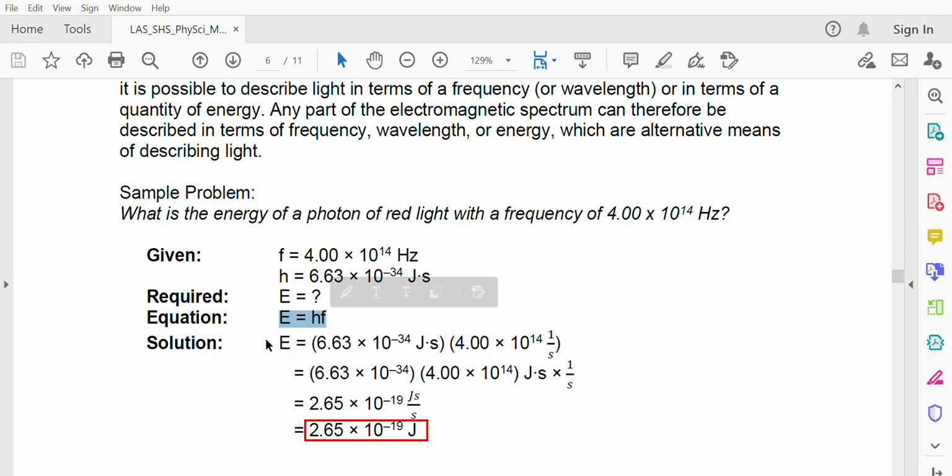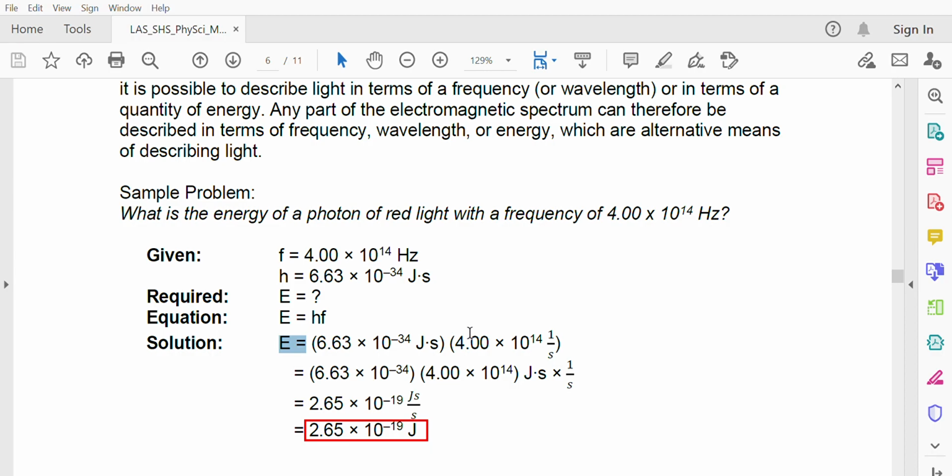Okay, let's try. Solution: E is equal to h, which is 6.63 times 10 to the minus 34 joules times second, multiplied by, remember, if you are multiplying there's no need to write x, and if it is separated by parentheses, that means it is already understood as multiply.